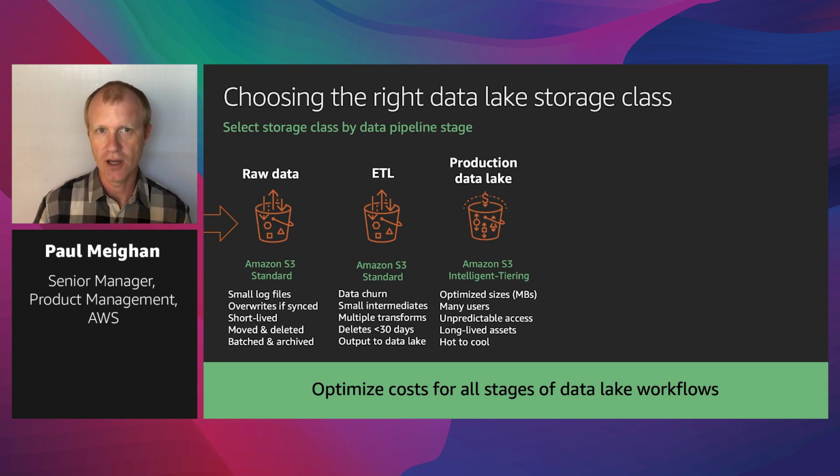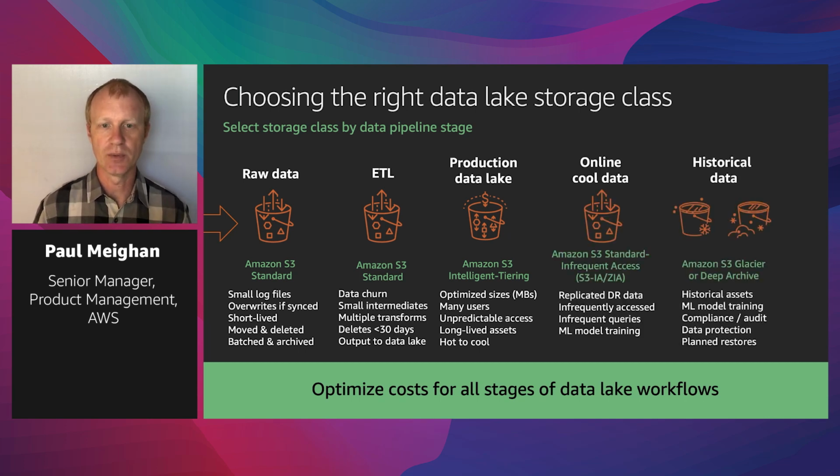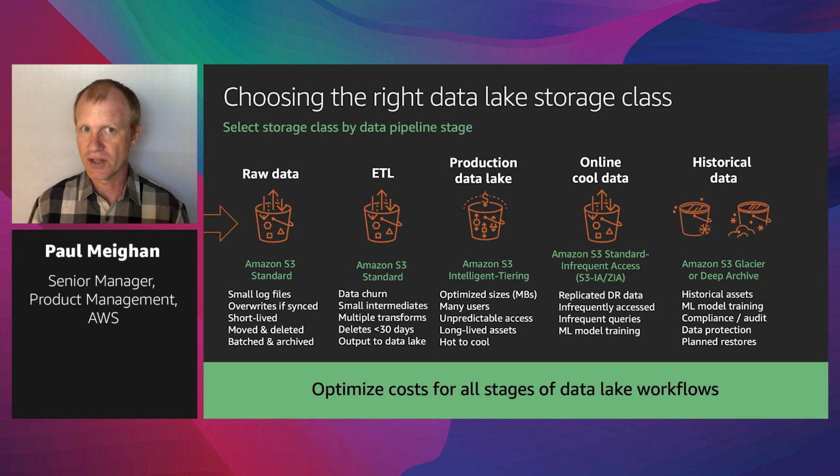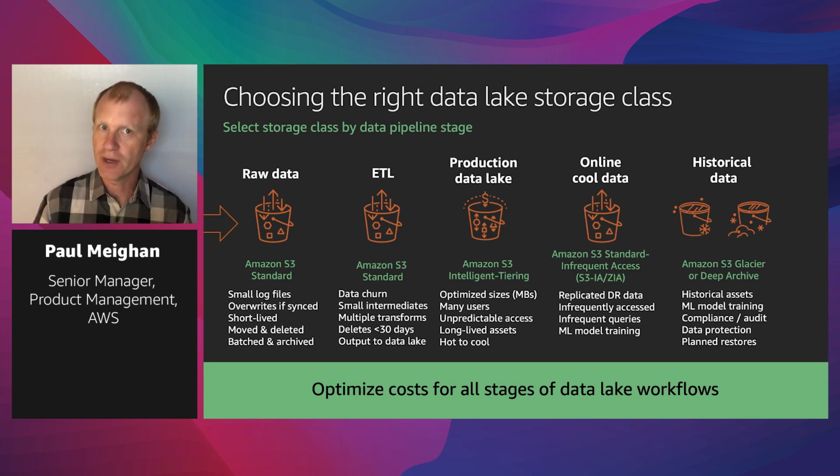Now, eventually, what happens with just about any data set on the planet is it gets cooled off and goes into a state where it's rarely, if ever, accessed, right? So for those cold data sets in the lake, we really have two options. We have an online cool option, which is standard infrequent access or standard one zone infrequent access. These two infrequent access storage classes are very low storage cost with a higher retrieval rate.